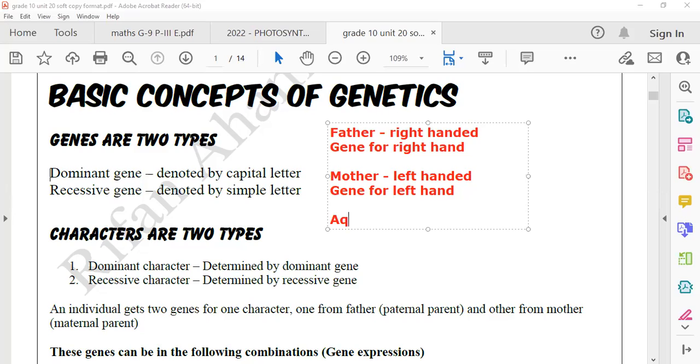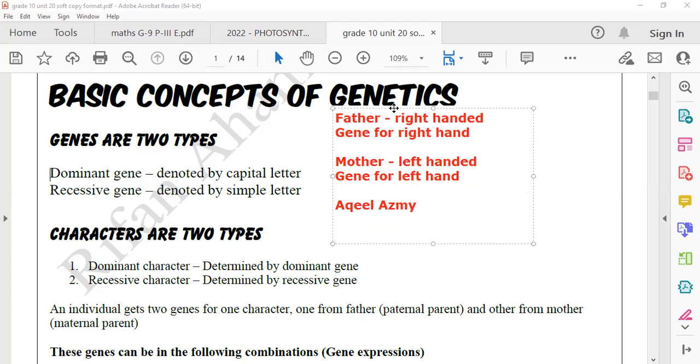I just take your name. Is it okay, Azmi? Okay, right. So if you take Akil Azmi's case, mother is right-handed, father is left-handed, correct? Yes, sir. And Akil Azmi is right-handed.